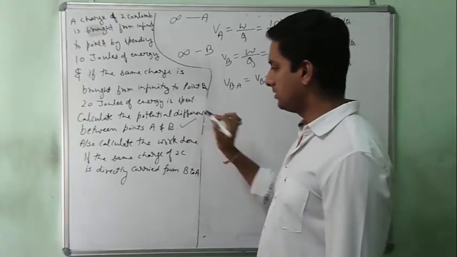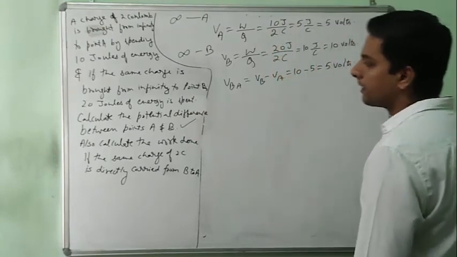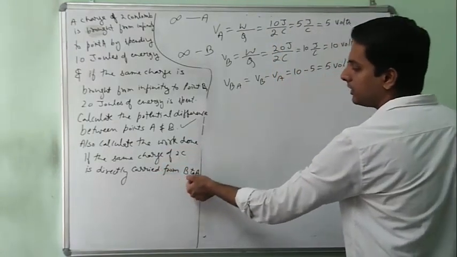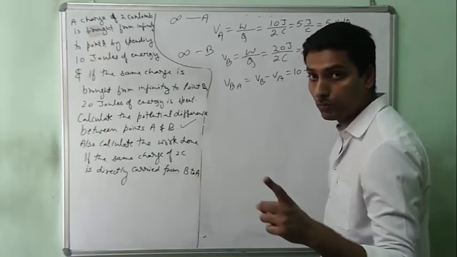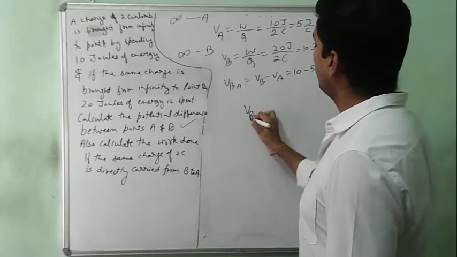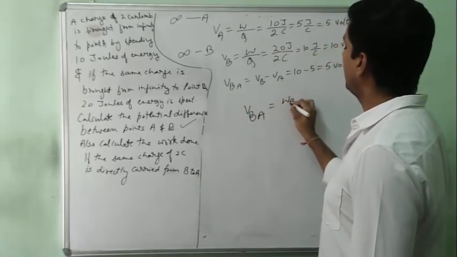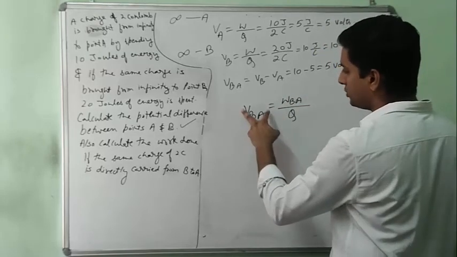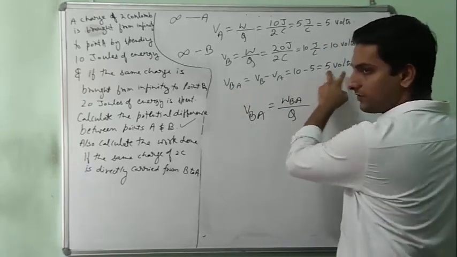Now we have calculated that, and next we calculate the work done if it is directly carried from B to A. Both these points are known points, and for known points you use potential difference. So the formula can be work done in carrying from B to A directly divided by charge, and this potential difference we have calculated as 5 volts.